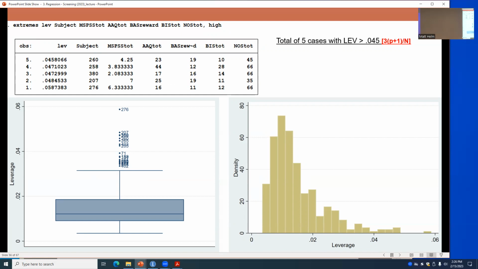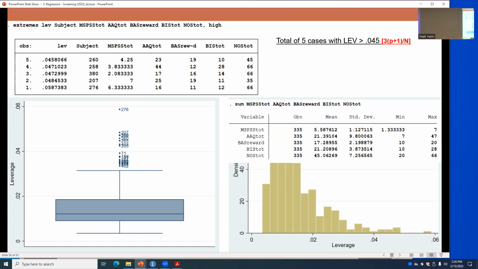In this case, we've got a total of 5 observations with leverages exceeding 3 times the average value of my leverages. And here's a slick command in Stata that pulls up my highest leverage values, the participant number, and the values for all of my predictors.